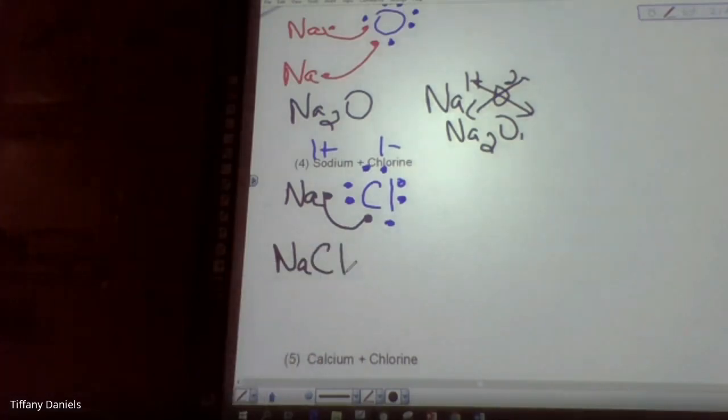Probably one of the most popular ionic bonds that every textbook does, because it's so common, and we can't live without it. Although we Americans get way too much of it in our diets, but okay.